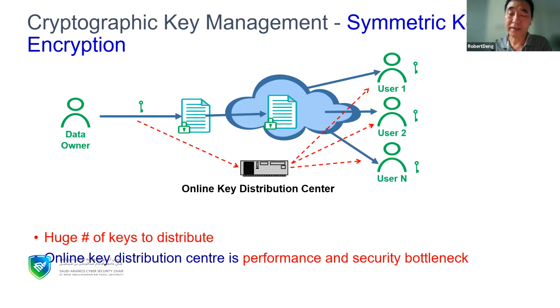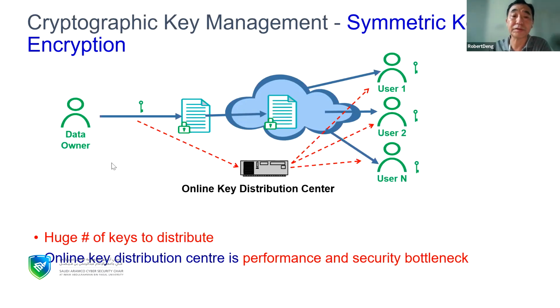Today, there are essentially two kinds of approaches for cryptographic key management. The first approach is based on a symmetric key solution, such as AES. In this solution, the whole system depends on a key distribution center, and this center is online.